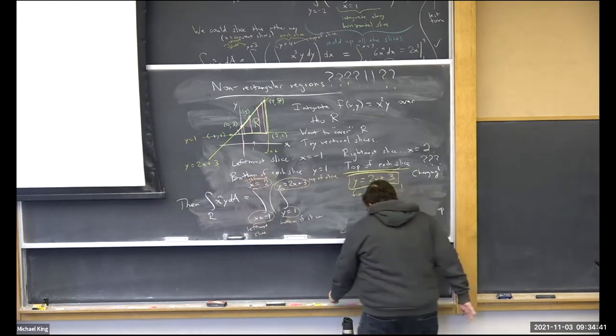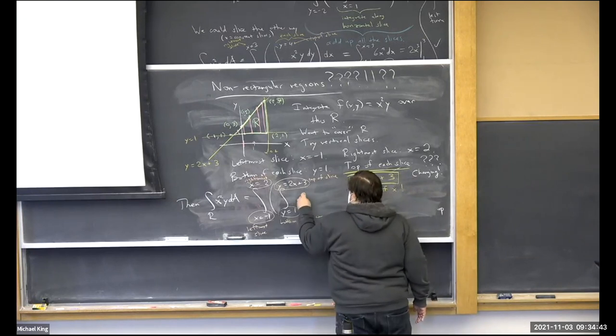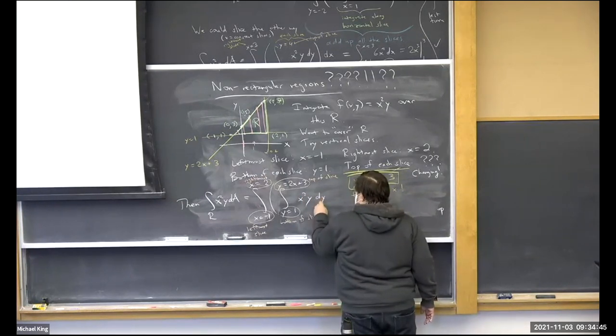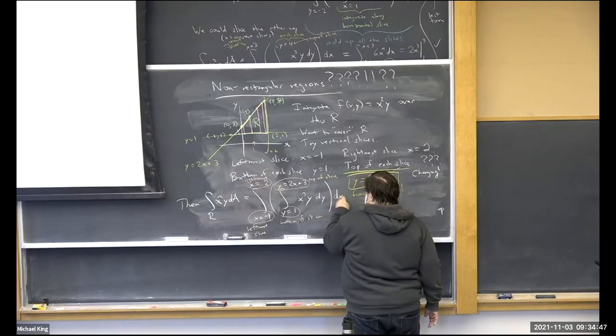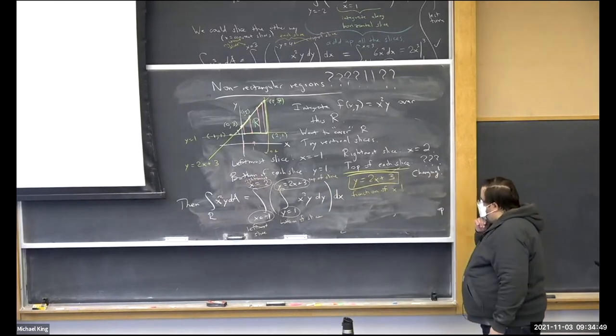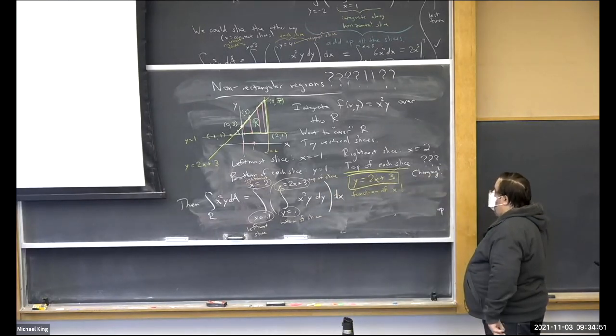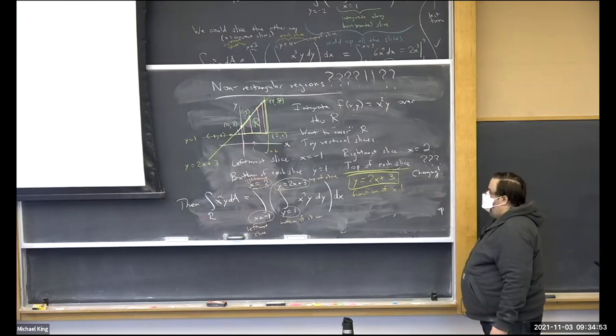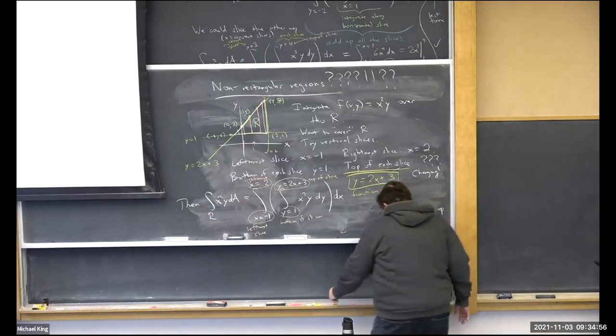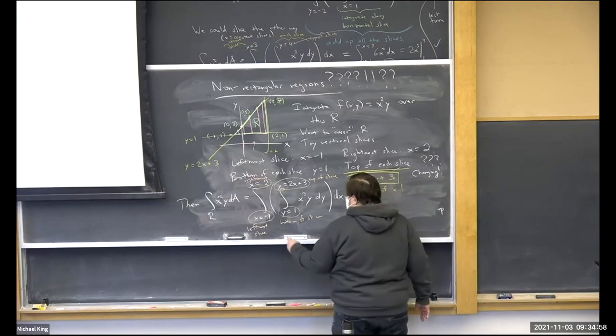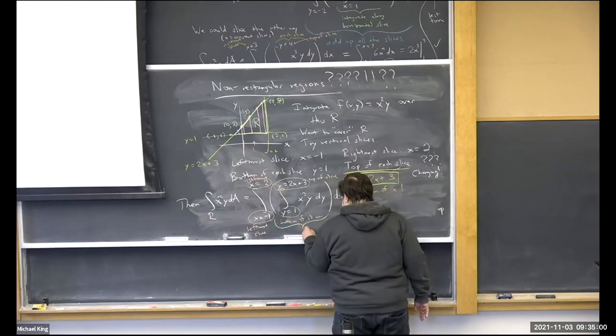And then we still have our function that we have to integrate, so x squared y. And then this is dy, and then dx. So again, the inside integral is the integral along one specific slice.